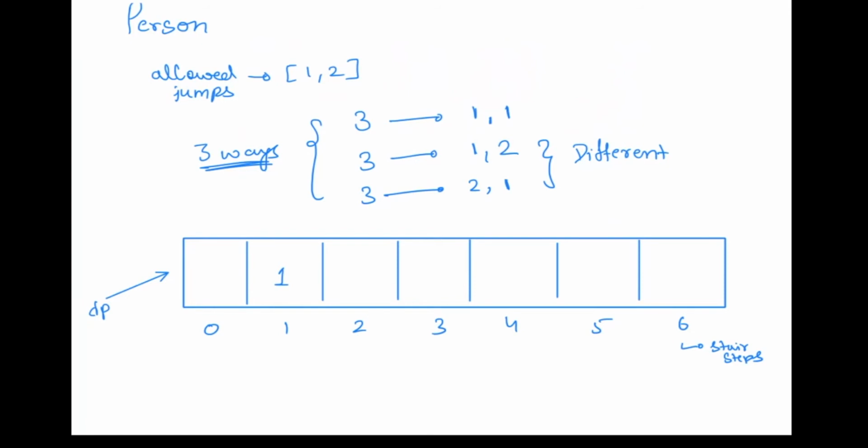We know that to reach 1 we have only one possibility, 1. For 0, it doesn't make sense, but since we are initializing it, we are going to take it as 1 because we are standing there. Really, there is no real logic there. And to reach the second step, we have 2 ways, 1, 1 and 2.